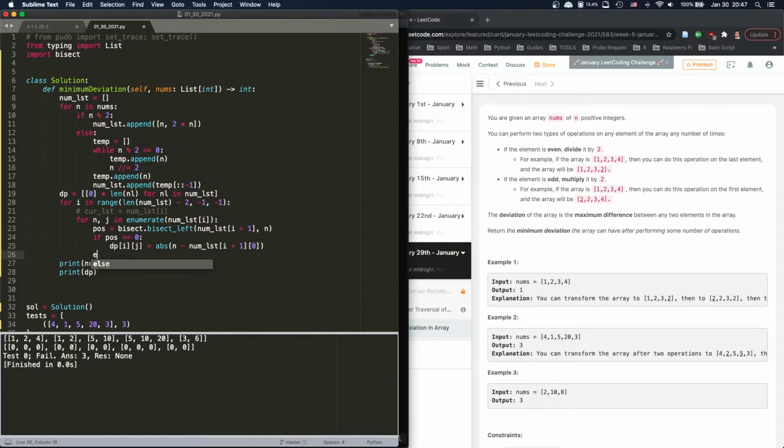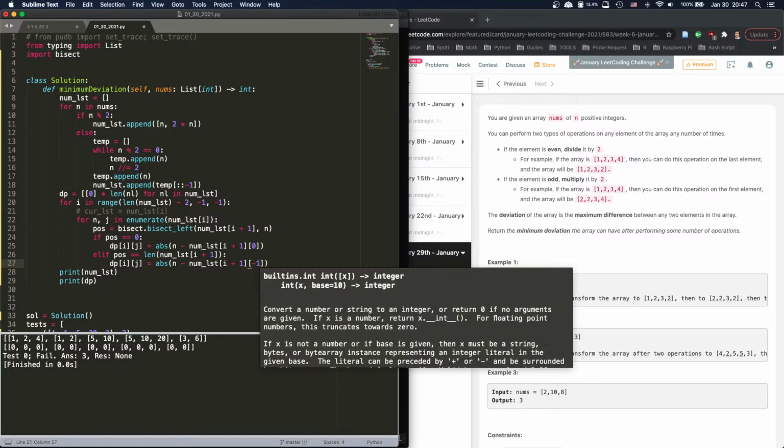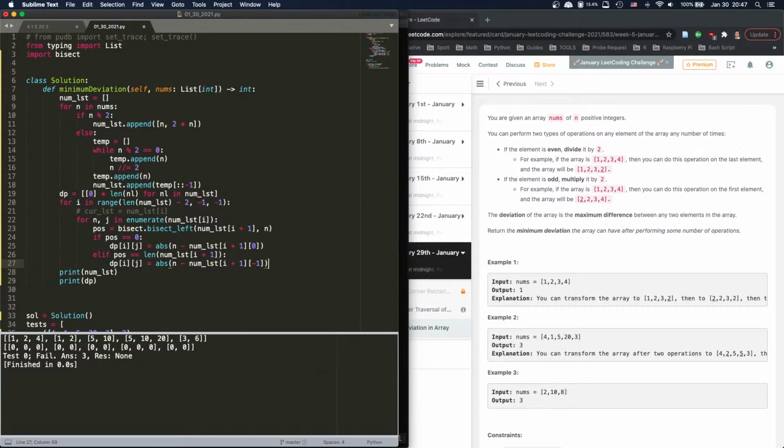If the position is len of this, meaning we insert at the end, then we do dp[j] equals n minus the last element, because it's at the end, right? It's at the end, so we do -1.